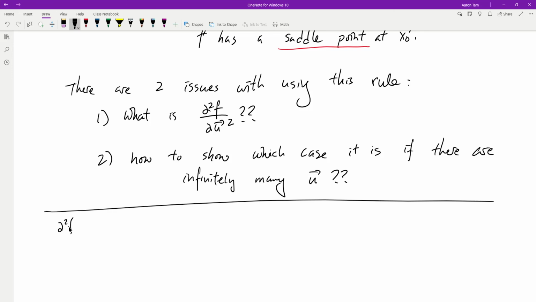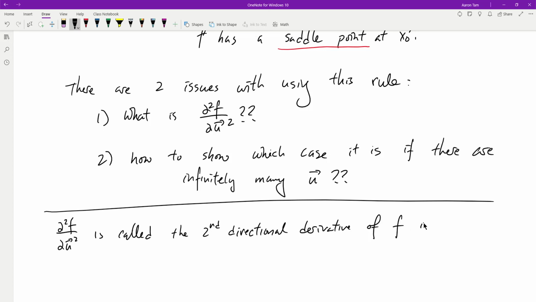d squared f over d vector u squared is called the second directional derivative of f in the direction u.